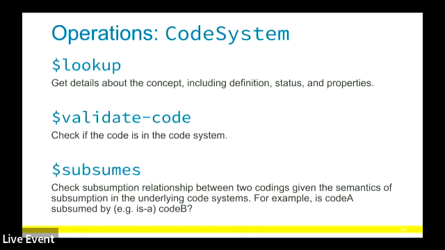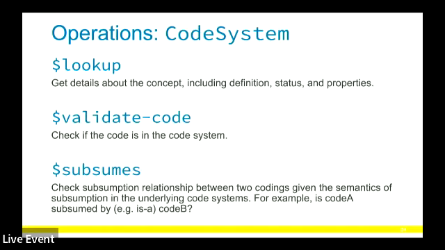So the key operations that FHIR defines for working with or interacting with code system resources are these: lookup, validate code, and subsumes. Lookup lets you pass to the terminology server a concept and get back information about it from that code system, including its definition, its status, any of those properties that have been defined, and so forth. The validate code operation lets you check to see if the code is part of that code system.